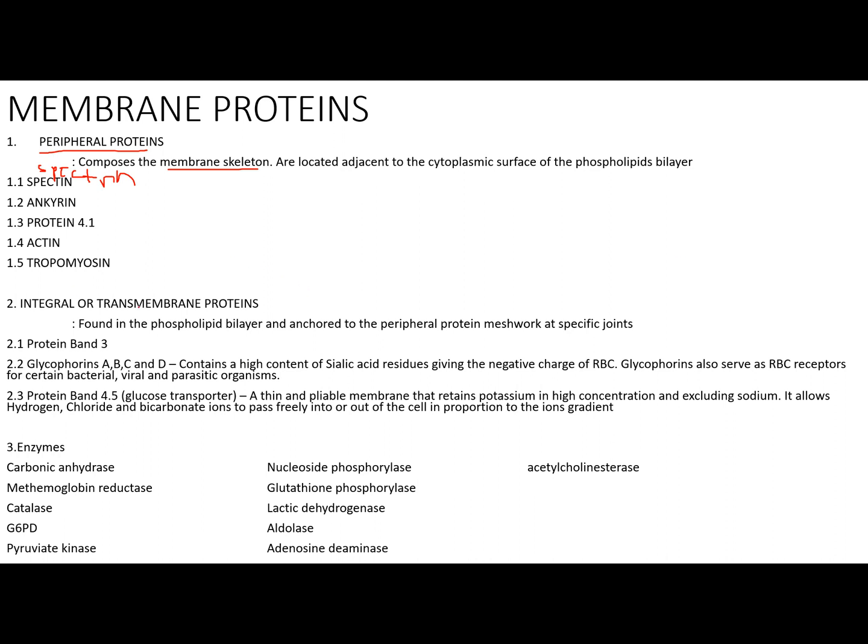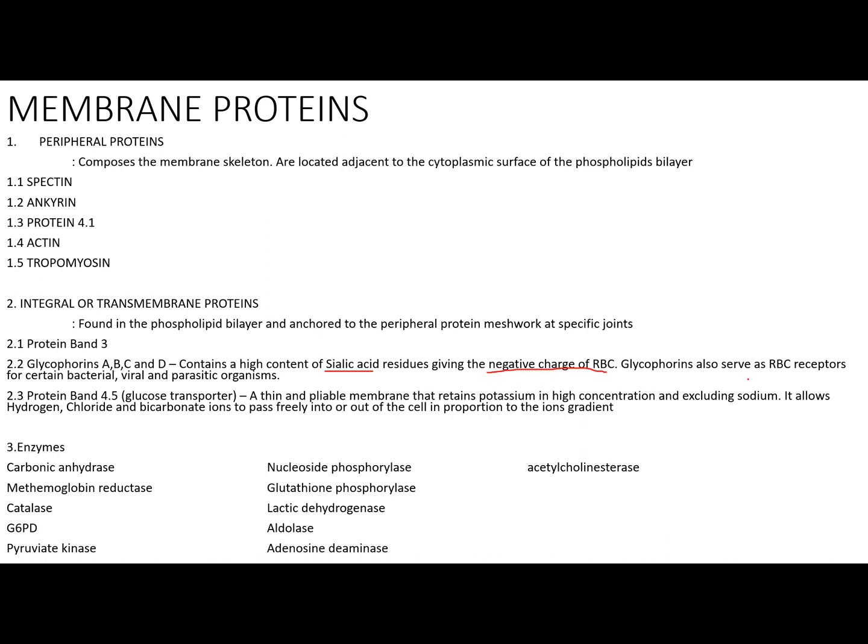Then we have yung integral or transmembrane protein. They are found in the phospholipid bilayer and are anchored to the peripheral protein meshwork at specific joints. We have yung protein band 3, glycophorins A, B, C, and D, which contain a high content of sialic acid residue, giving the negative charge of RBC.